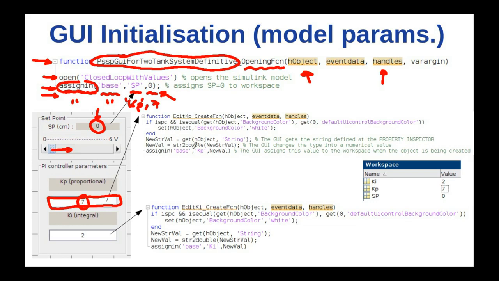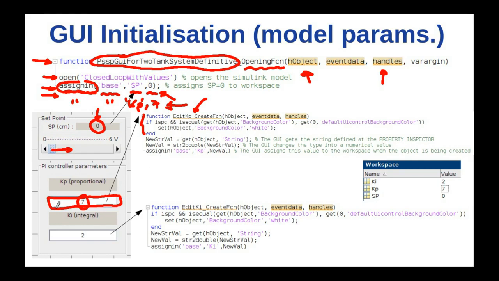So we have this way, the same way that I did with the set point, but we have an alternate way. Here, when you right click on this element, you can call a callback that is called the create function callback. And automatically MATLAB sets these code lines.